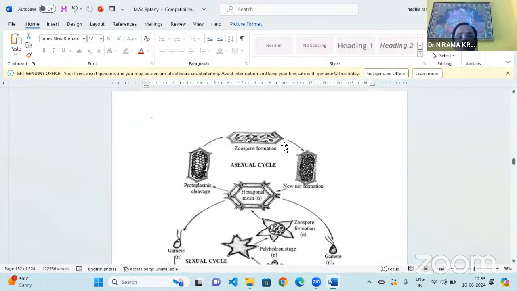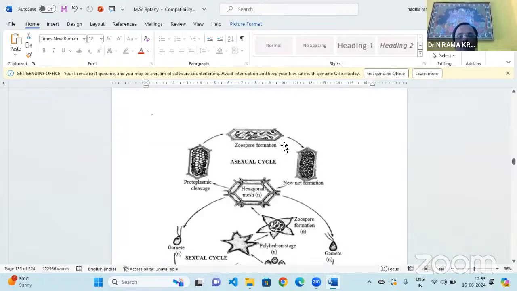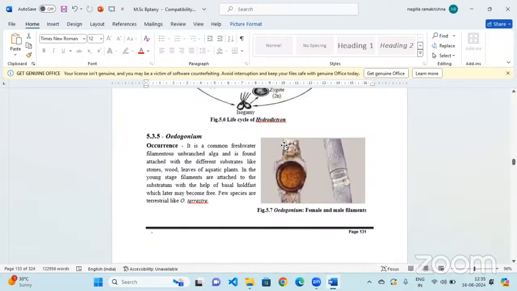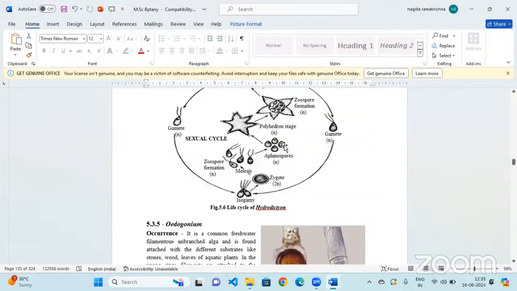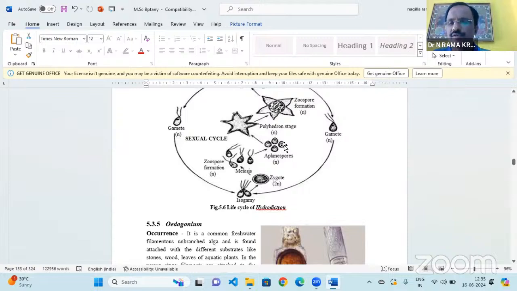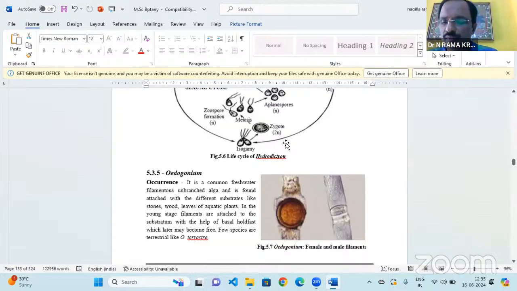Chlorella is also the same type in Chlorophyceae, in the suborder Chlorellaceae.